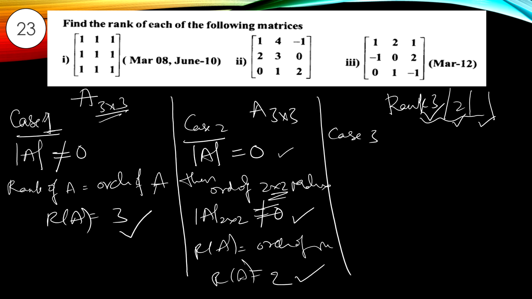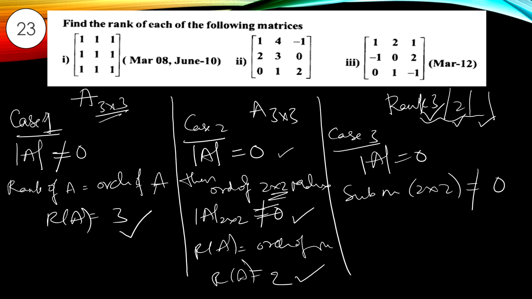And here the third case is the determinant of A is equal to 0, and the determinants of all 2 by 2 submatrices are also equal to 0, then you can say that the rank of the matrix is 1.